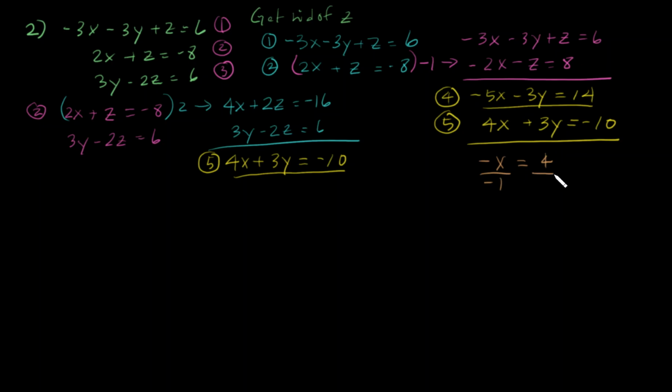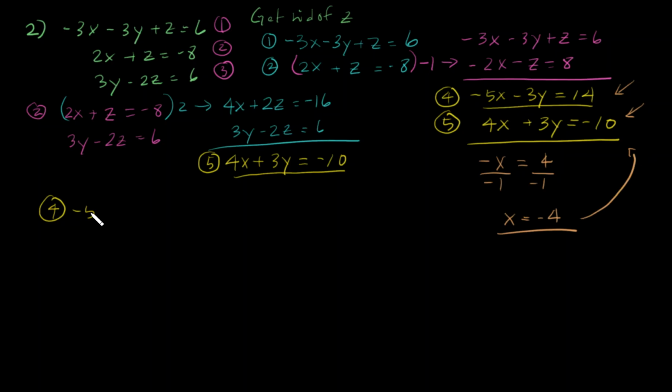Divide both sides by a negative 1. So x equals negative 4. Okay, now we're going to use one of the two equations that we created to put this back in and get ourselves the y.